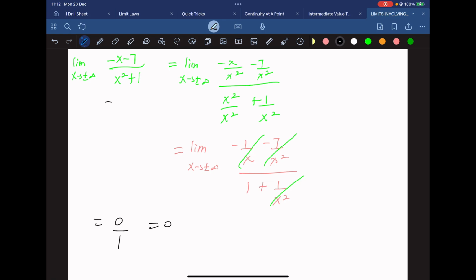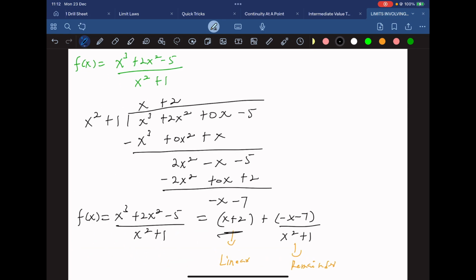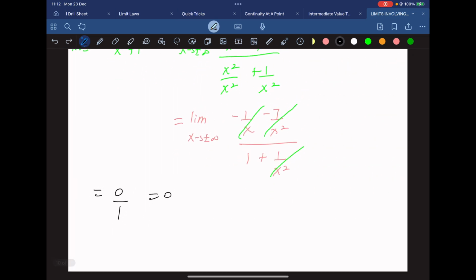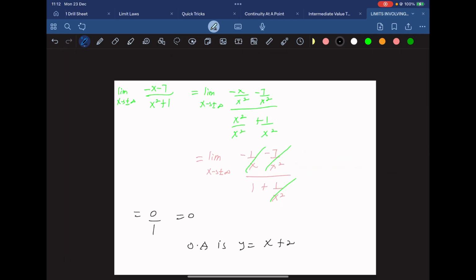So since this goes to 0, we just have the linear term left. So our oblique asymptote is y equal to x plus 2. I hope this is clear enough.